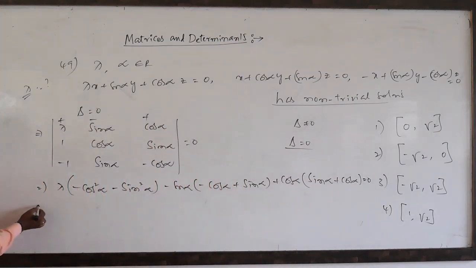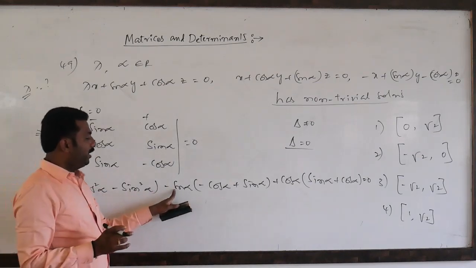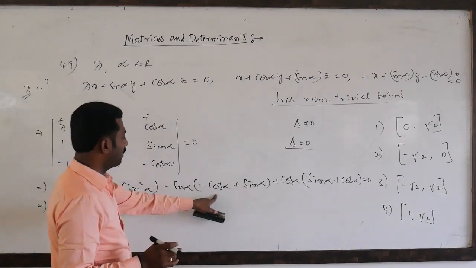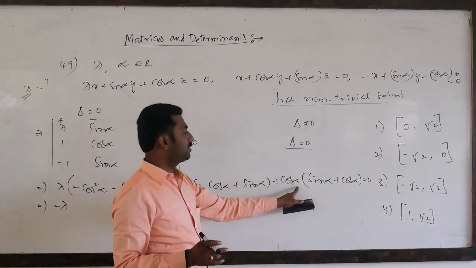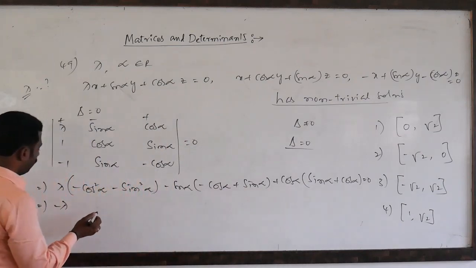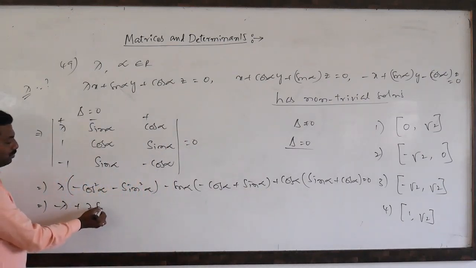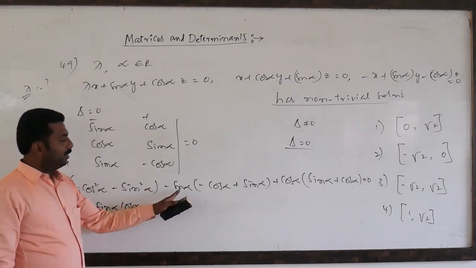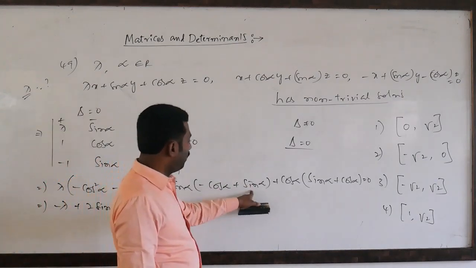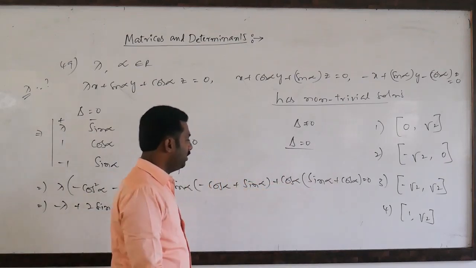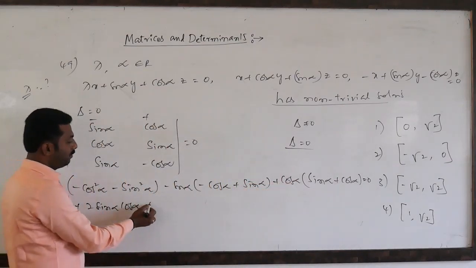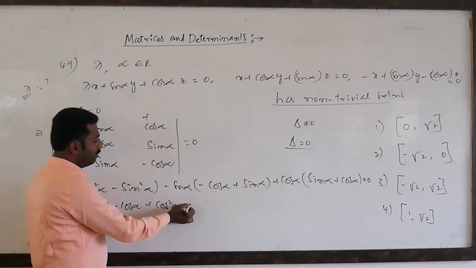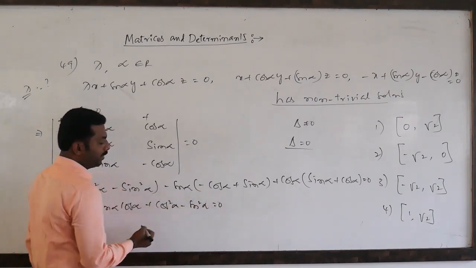If I take minus common, sin square alpha plus cos square alpha gives minus lambda. Minus sin alpha into minus cos alpha gives sin alpha cos alpha plus sin alpha cos alpha, so we get 2 sin alpha cos alpha. Then cos square alpha minus sin square alpha, equal to 0.